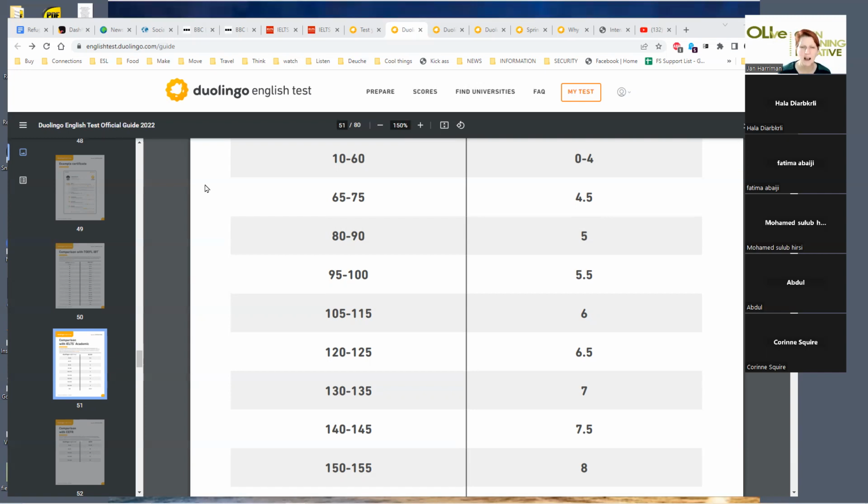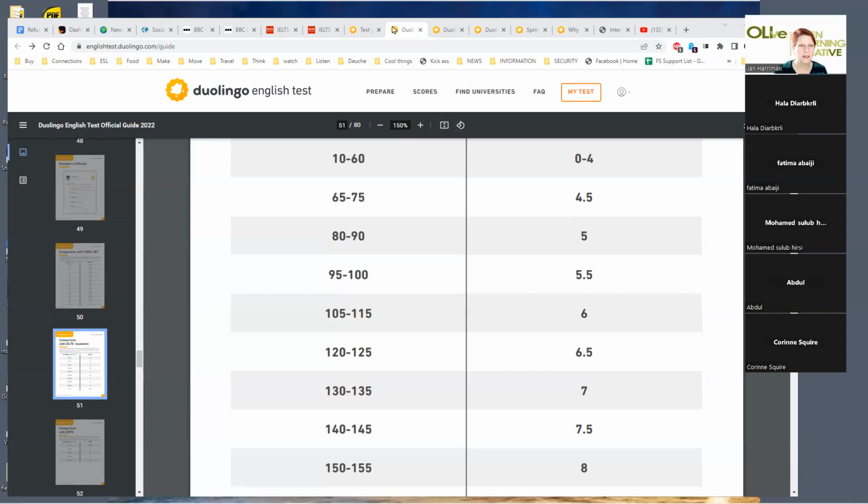All right. They don't offer Duolingo. They don't ask for Duolingo for the admission requirements. No. This is a problem. Not all universities do. So this is a great option if the university you're applying to accepts it.